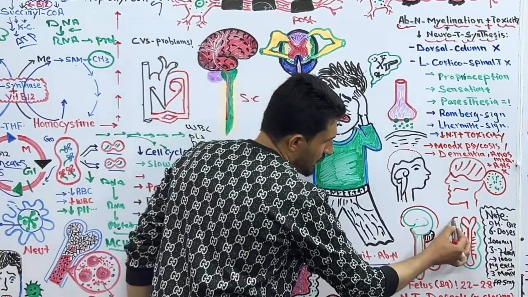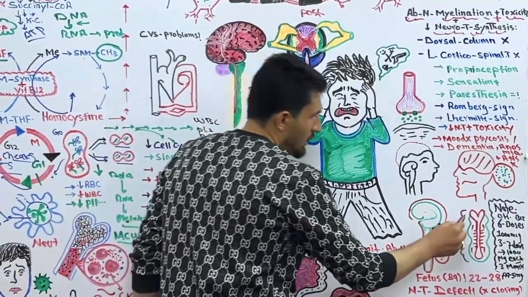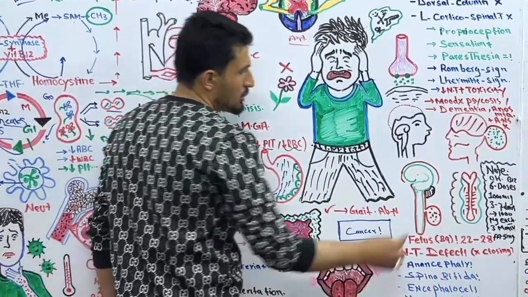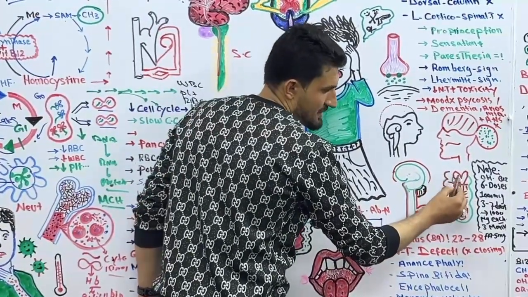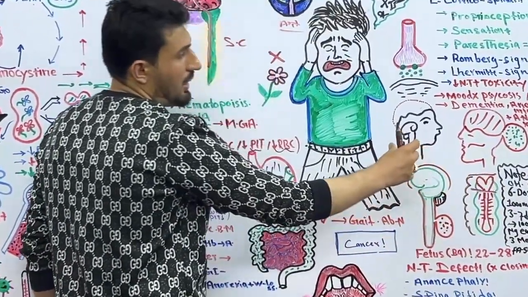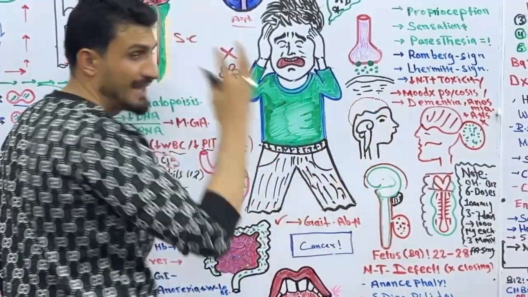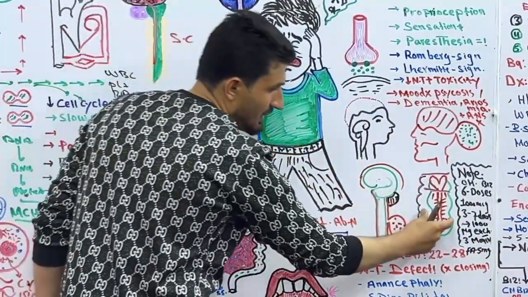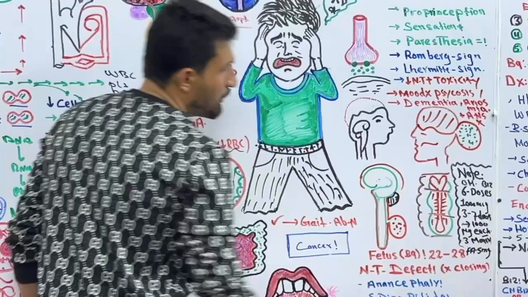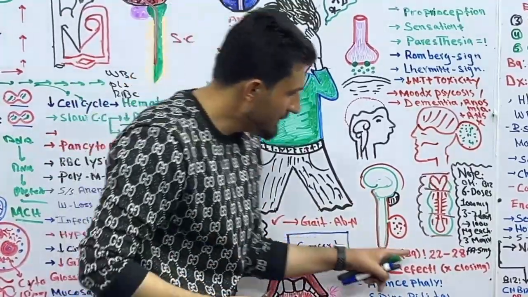We have a structure which is called neural tube, okay, and when it's developing, its caudal and its cephalic end, its superior end, is important for developing of the head part, and its caudal end is important for developing of spinal cord, okay. So now listen to me carefully.